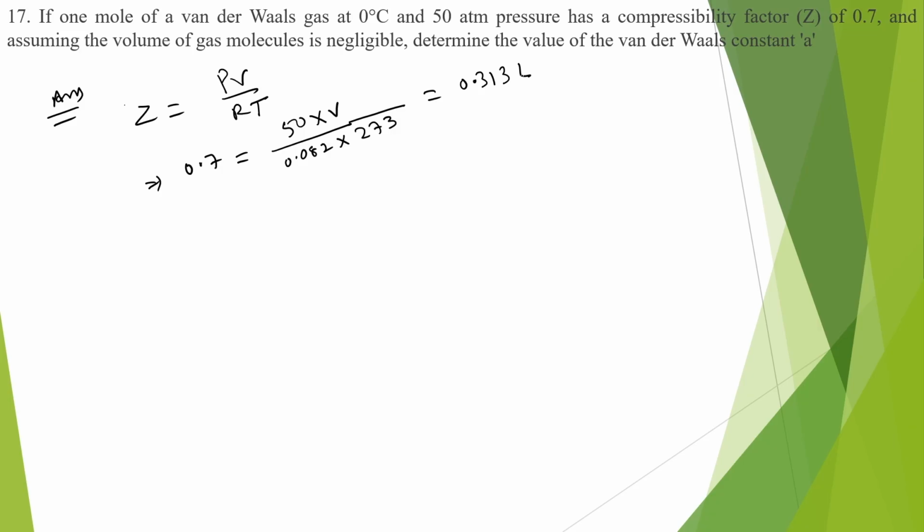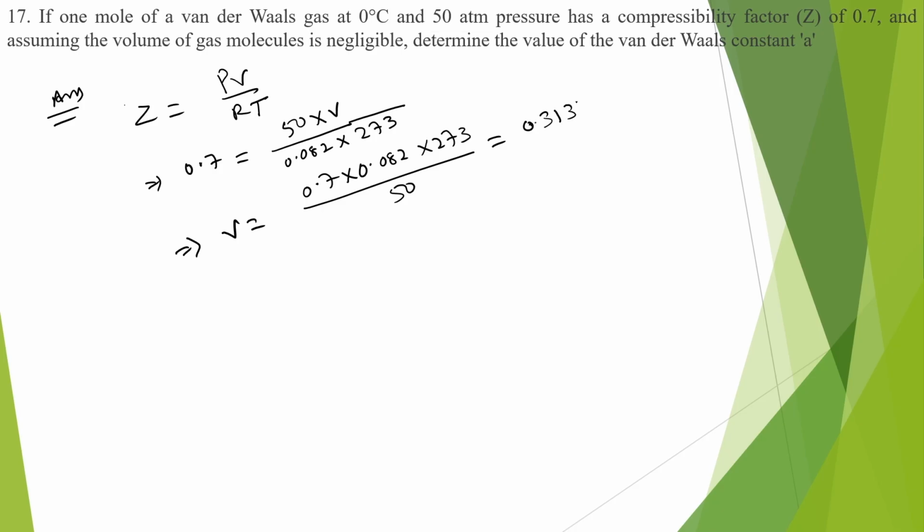So, if we simplify further, we get the value of V. So, V is 0.7 times 0.082 times 273 by 50. So, this gives us 0.3134 liter.